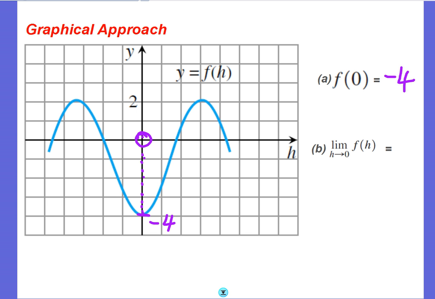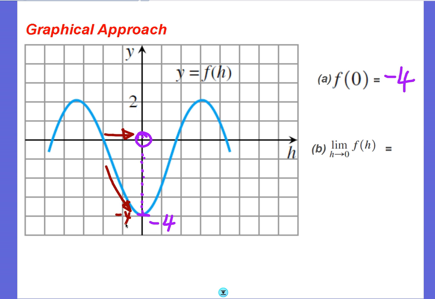Now, what is the limit as h approaches 0 of f of h? You have to investigate from the left side and from the right side. From the left side, as h is approaching 0, y will be approaching negative 4.